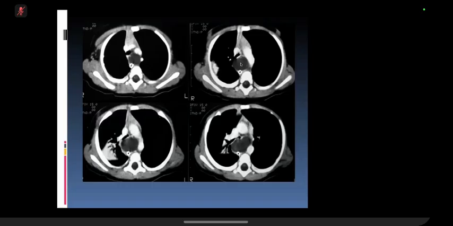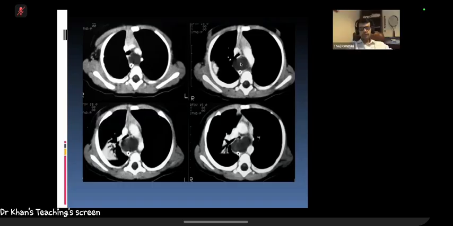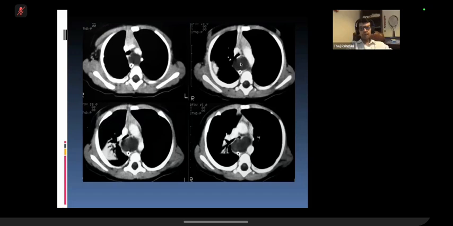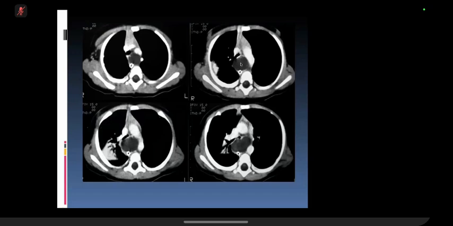Yeah. So my differential would include a foregut duplication cyst. Yeah. And there appears to be some consolidation in the right. Yeah. Or foregut duplication cyst or bronchogenic cyst. So it can be bronchogenic or esophageal duplication cyst.